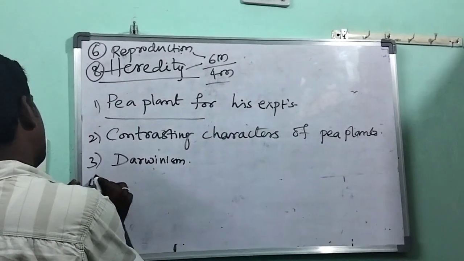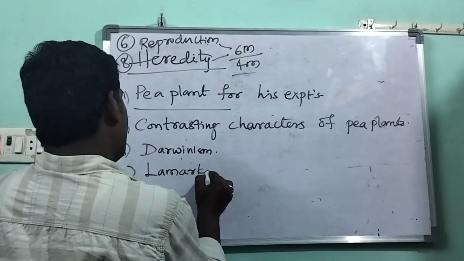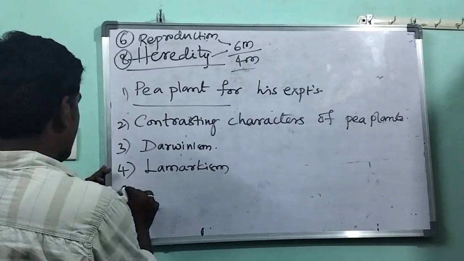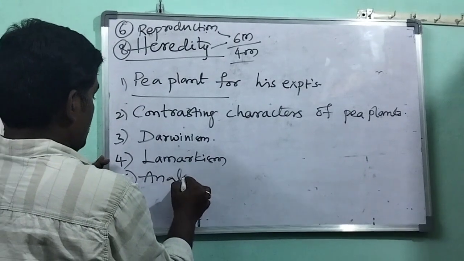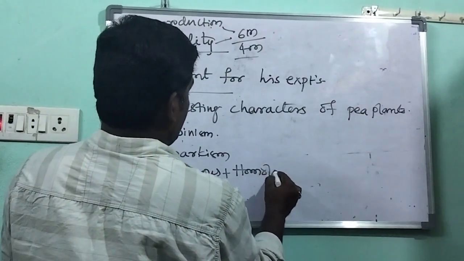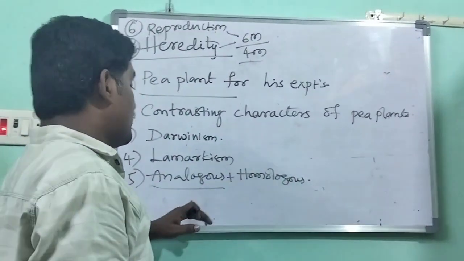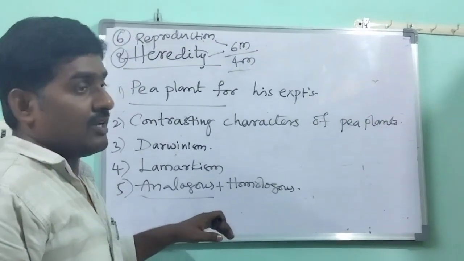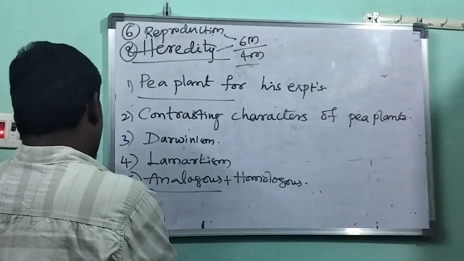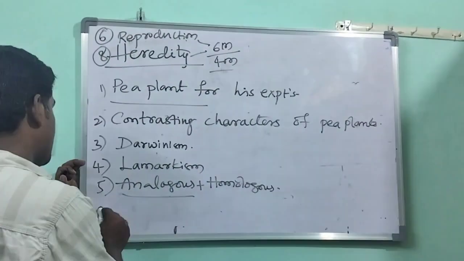Next, Lamarckism, analogous organs and homologous organs, and evolution also. What type of evolution? Convergent evolution, divergent evolution are also there. Next, why are human beings called a moving museum? Just a 2 marks question, but it is very important.